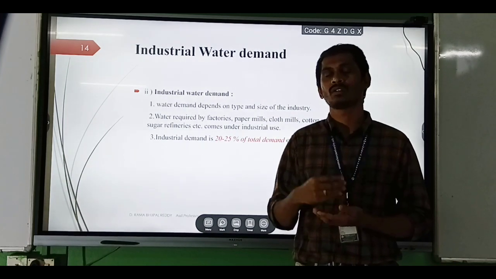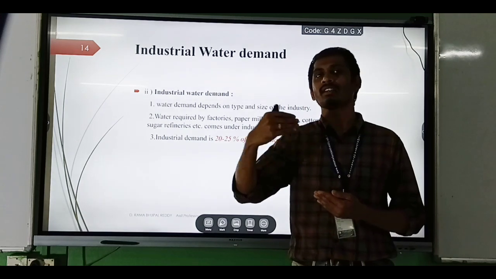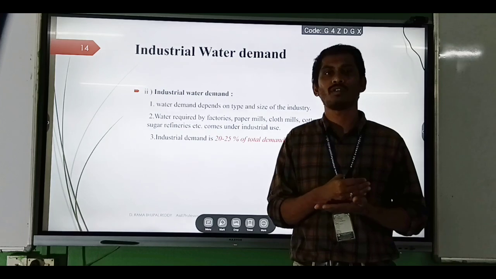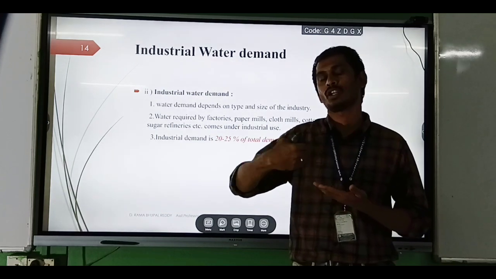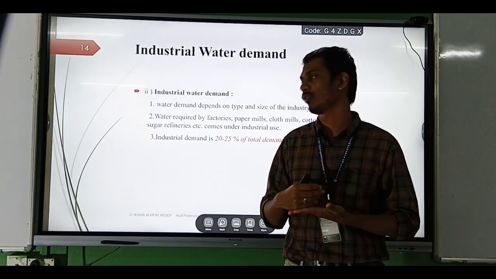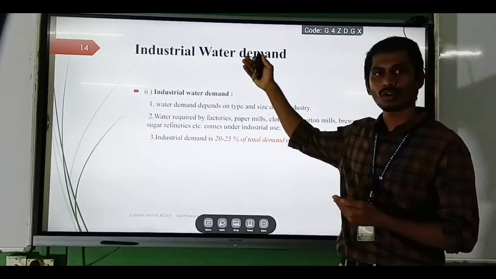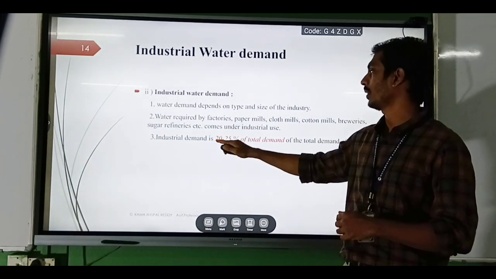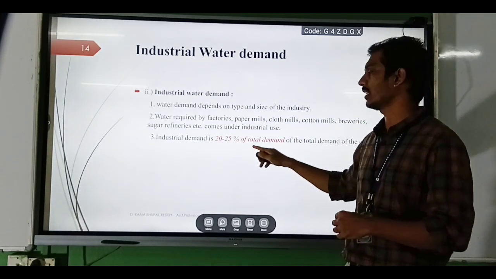Second is the size of the industry. If you have a very small industry, less water is required. If you are maintaining a huge bulk industry, definitely you will require more water. And in our overall total water demand, industrial demand will occupy nearly 20 to 25% of the total demand.